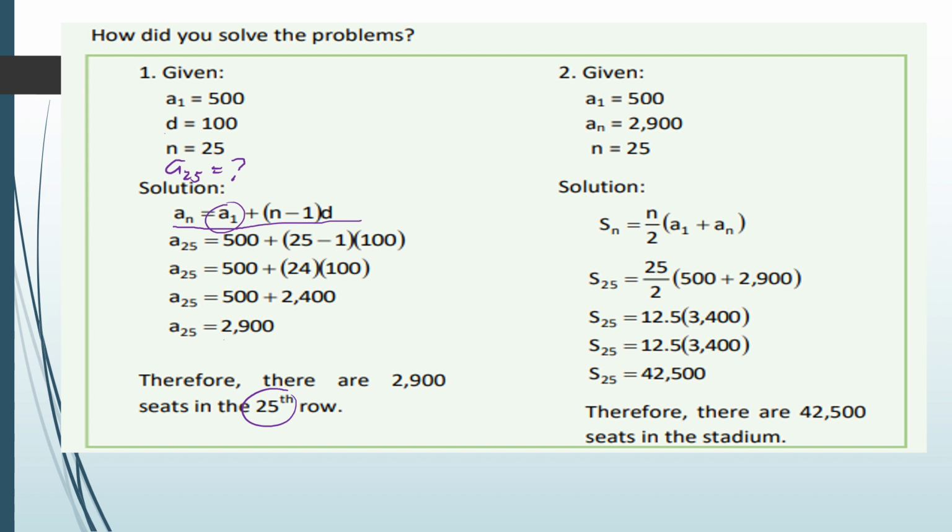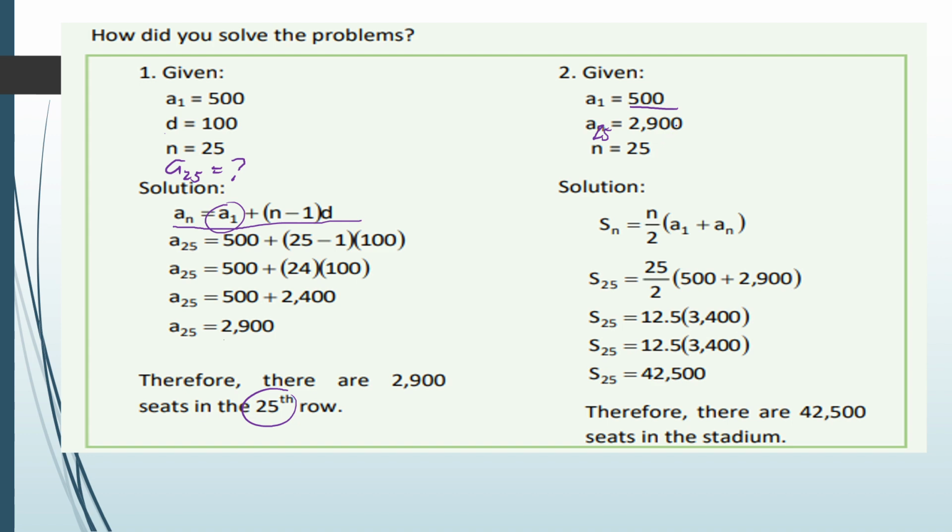On the second question, how many seats are there in all from the first row to the 25th row? You have here the first term is 500 still, and then an, or the last term, because that's the 25th term, this is supposed to be a25, is 2,900.